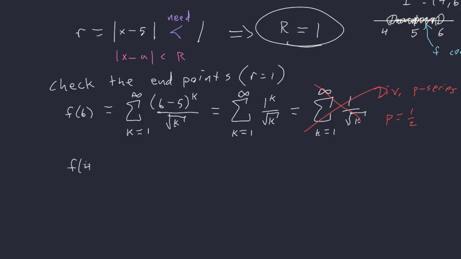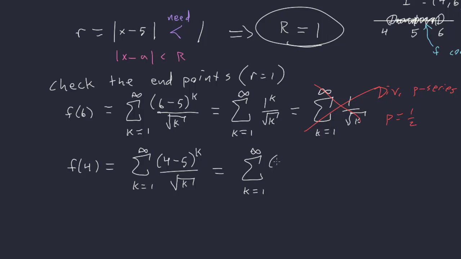However, when we check 4, f of 4, that will be the series k going from 1 to infinity of 4 minus 5 raised to the k all over the square root of k, which will be the series k going from 1 to infinity of negative 1 raised to the k all over the square root of k. Now, at 6, we got a positive 1 to the k.